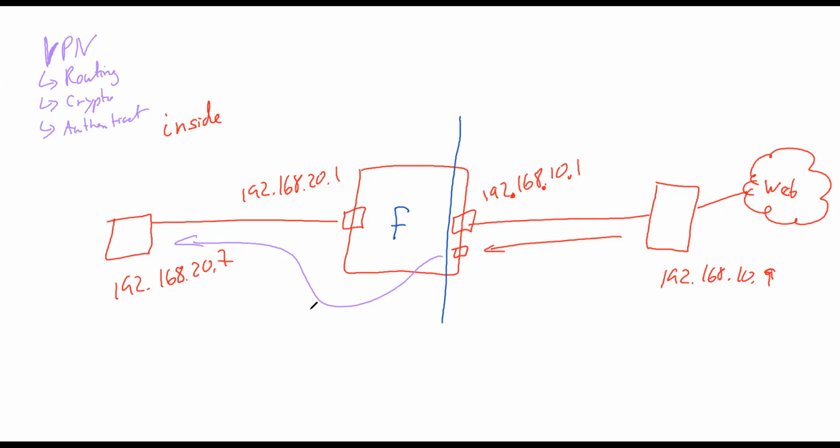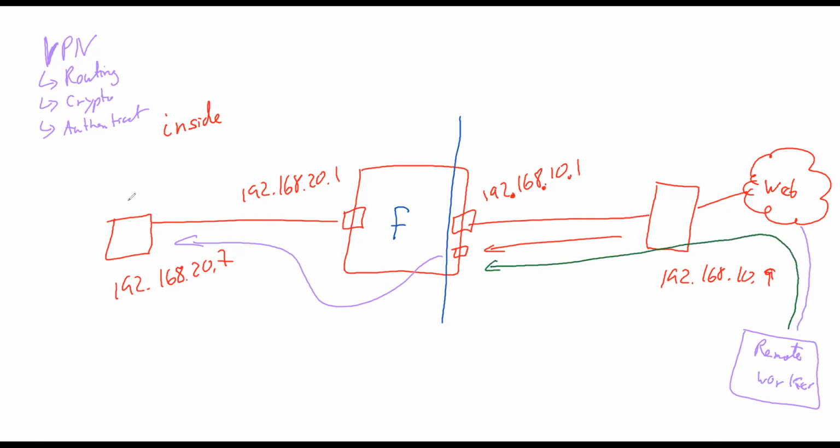Okay? So now we want to think about our scenario where we have a remote worker. This is somebody on the internet, maybe working from home. What they want to do is get on the inside network, because the inside network has some files that they need to be more productive.